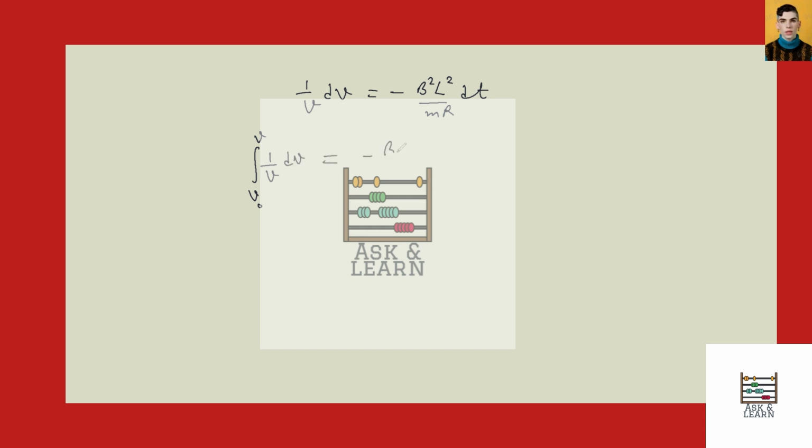And if the time is changing from initial 0 to any final t, here it will become B square L square divided by m times R, as a constant, will be taken out, and the limits over time are from 0 to t, and this is just dt. So integration of 1 by v with respect to dv comes out to be natural logarithm of v over the limits from v naught to v. And here it will become B square L square by m R t, having the limits of time from 0 to t.